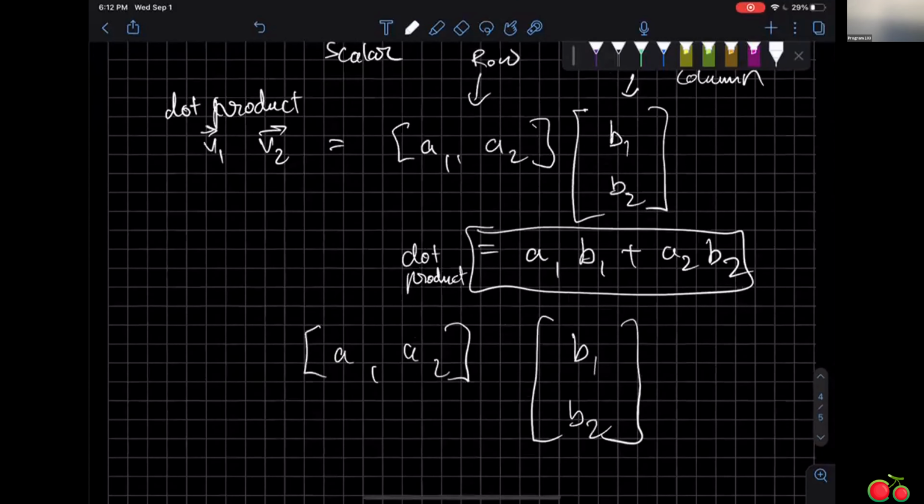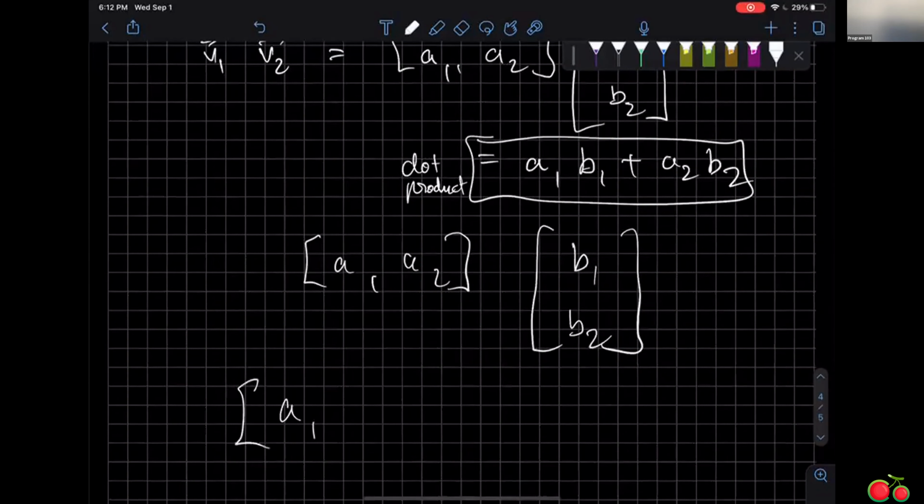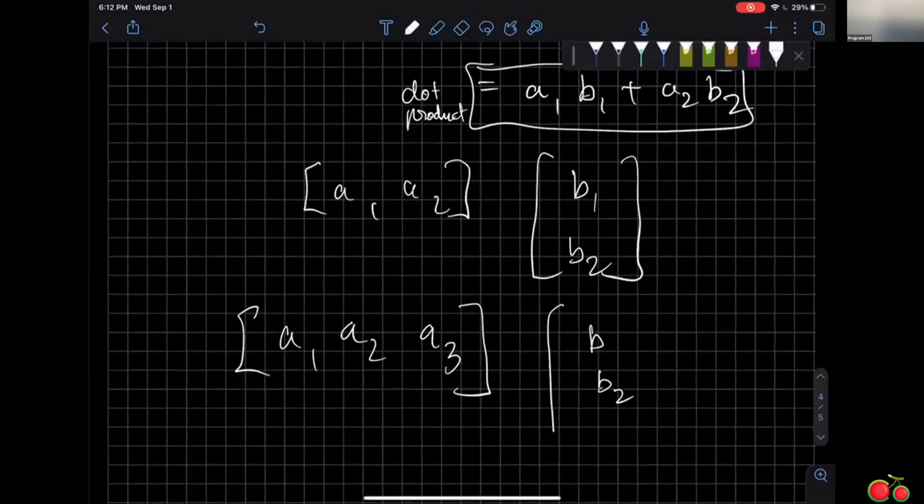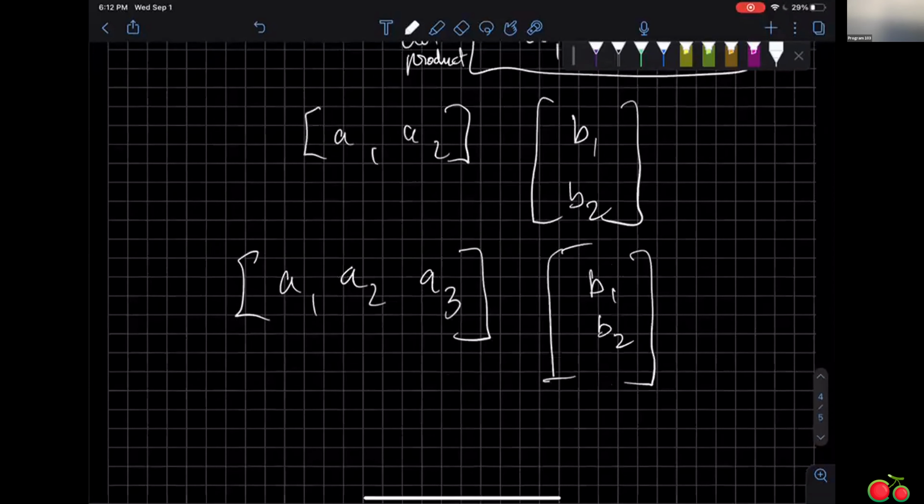Okay, so now here comes a fun trick question. How do I take the dot product of this? Can anyone answer? What would I write here?